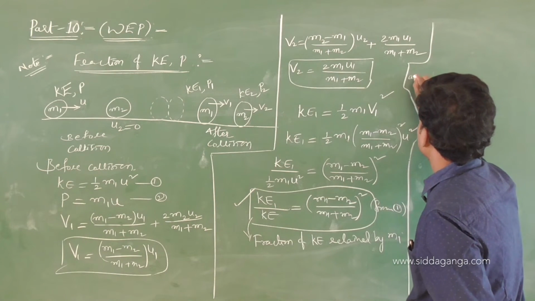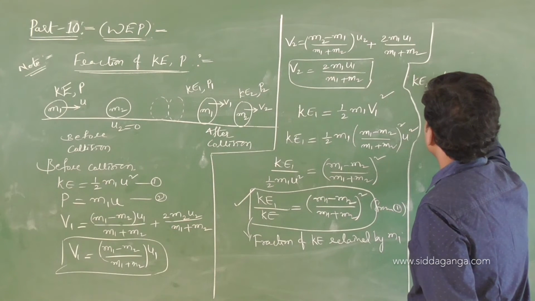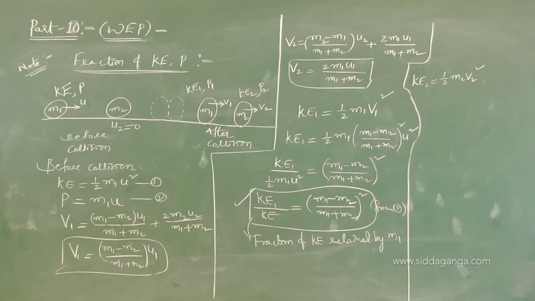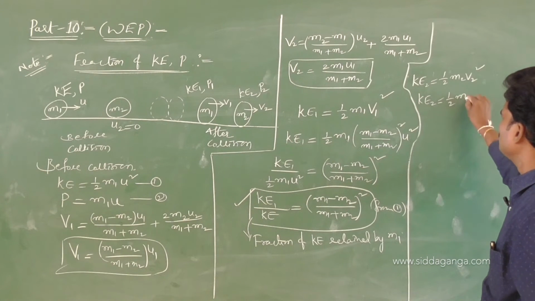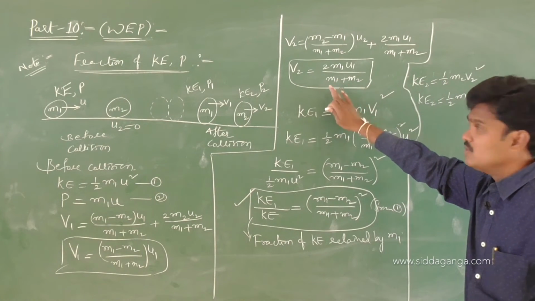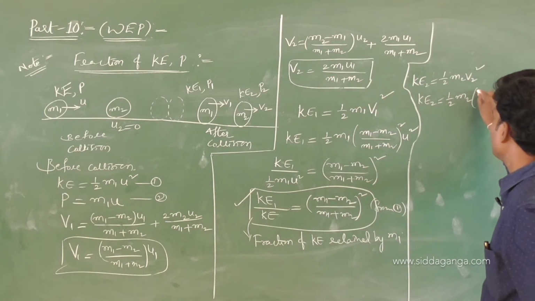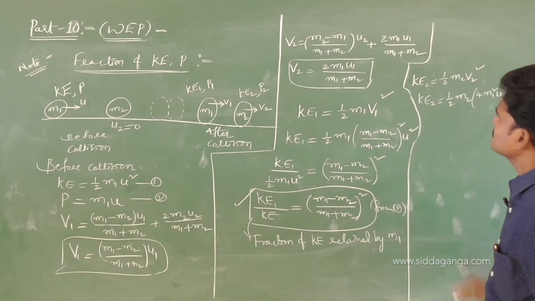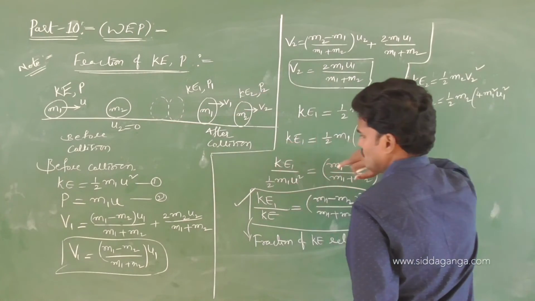And similarly, KE2 is nothing but half m2 v2 square. Is it visible? KE2 is half m2 into v2 square, and v2 is 2 m1 u1 by m1 plus m2, so squaring gives 4 m1 square u1 square by m1 plus m2 whole square.